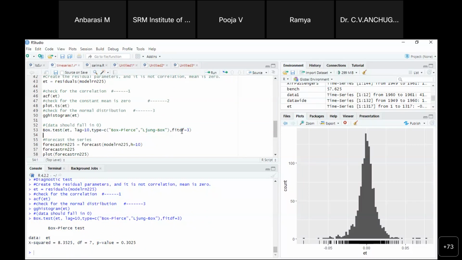How did we get this 3? It is a combination of AR, which is 2, and moving average, which is 1. Both together we add and we get 3.